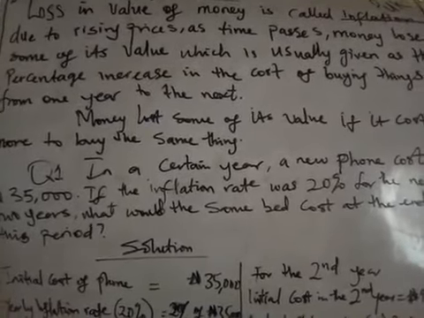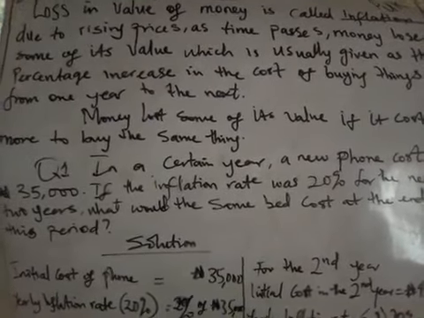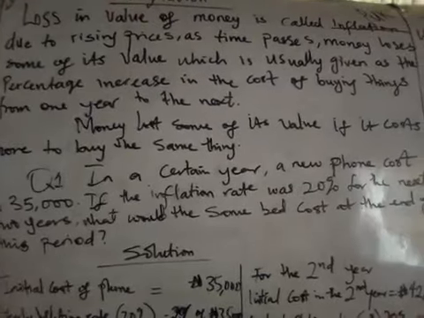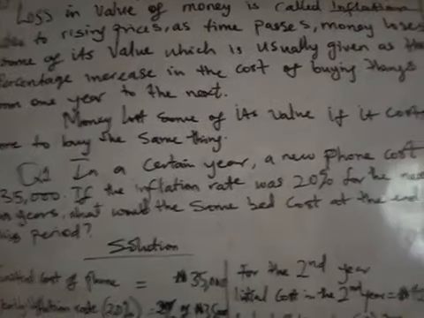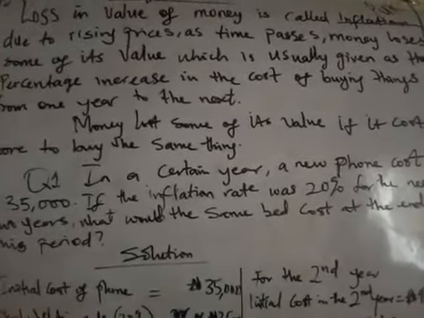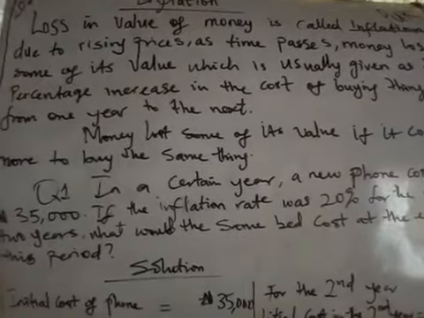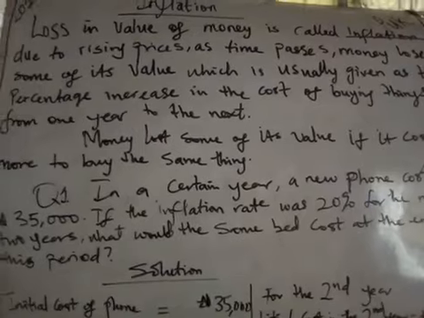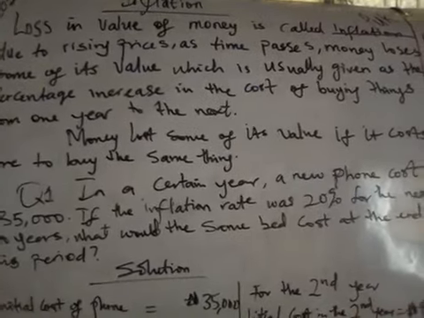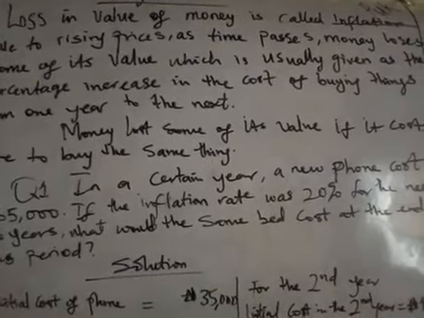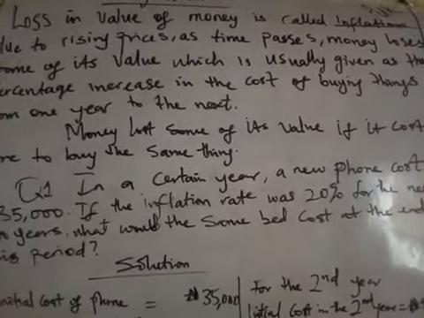What you got for 20,000 naira is now like three times what you got in 2011. So we say that we have inflation, because you have to buy a commodity for a higher price.